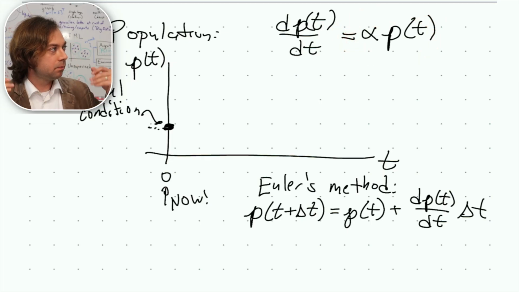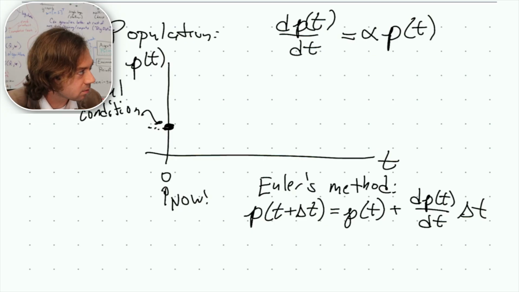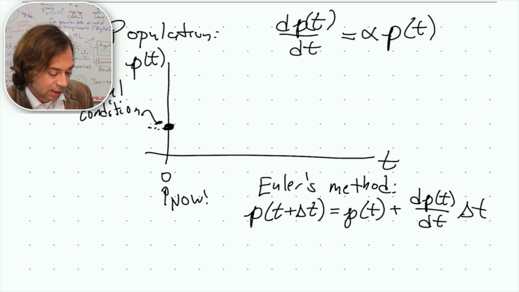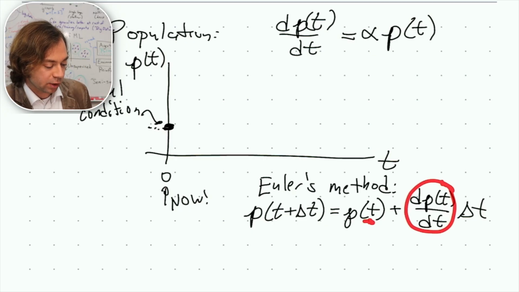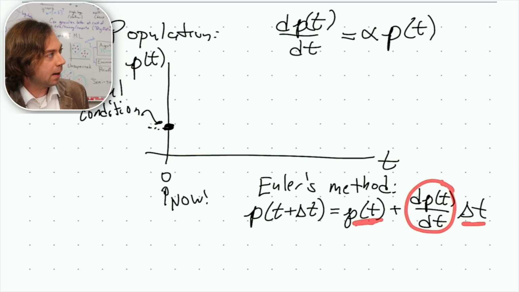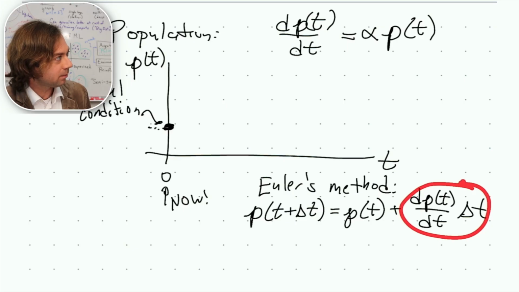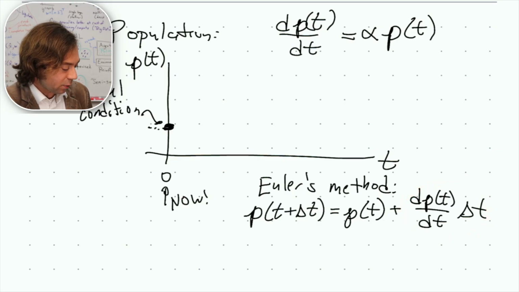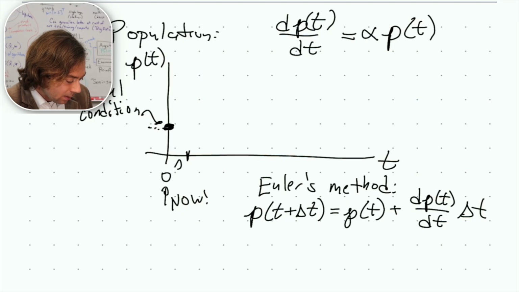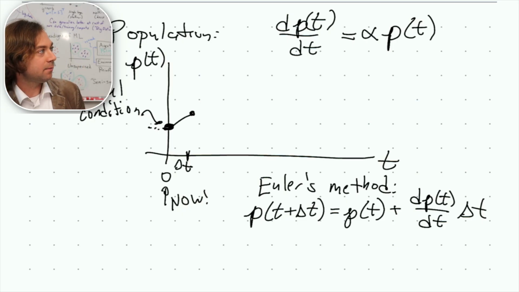These are proliferating rats, okay? That means that this is going to be some positive number proportional to the current population. And you multiply it by some delta t. So this is all going to be some positive number, right? So after some tiny period of time, delta t, it's going to go up a little bit, right?